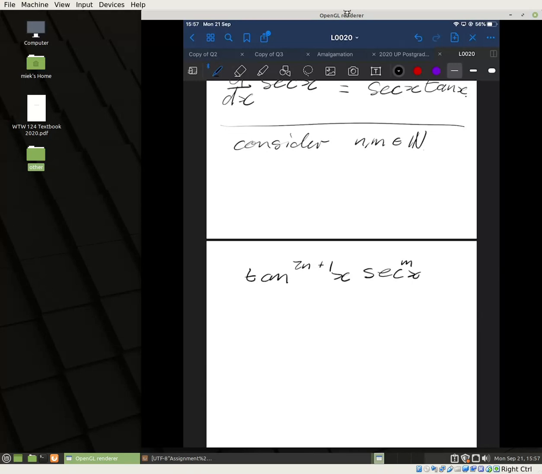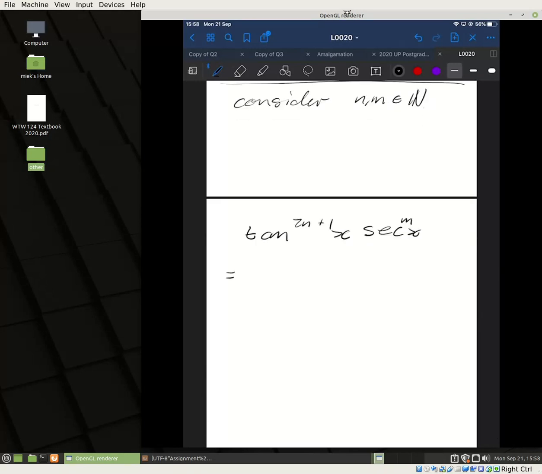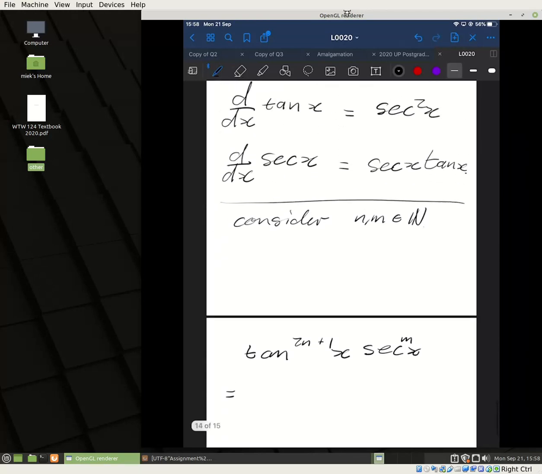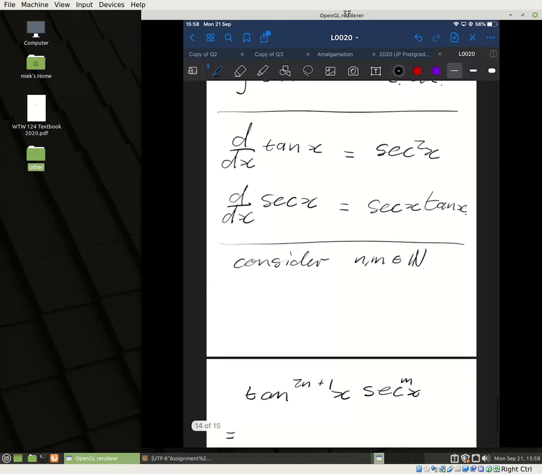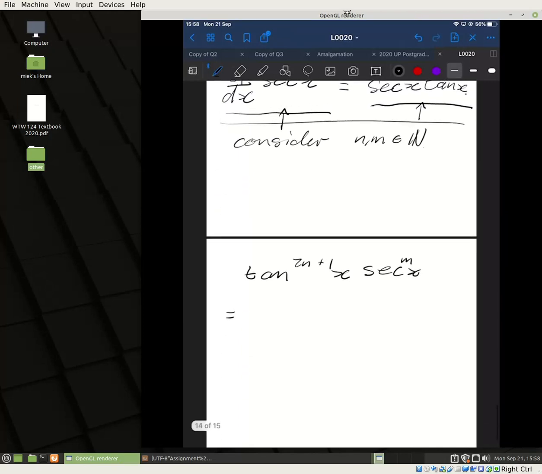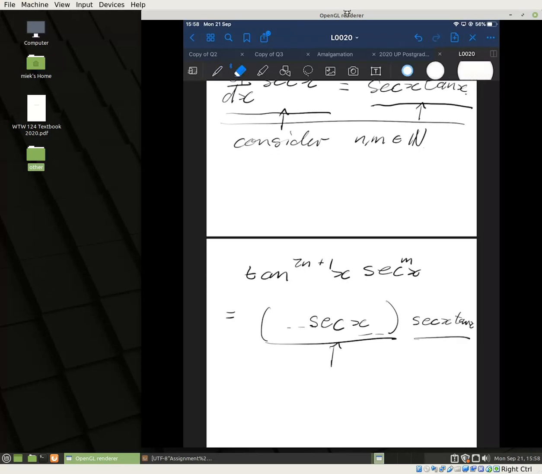And the idea here is, remember, the derivative of sec x is sec x tan x. So actually what we want here is some polynomial expression in sec multiplied with sec x tan x. That is what we are looking for.